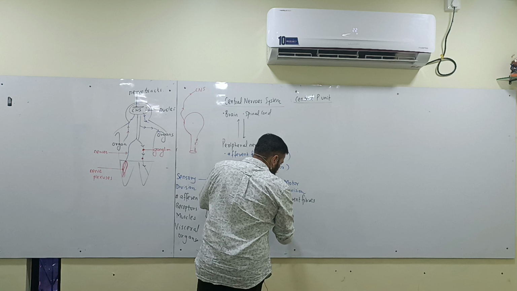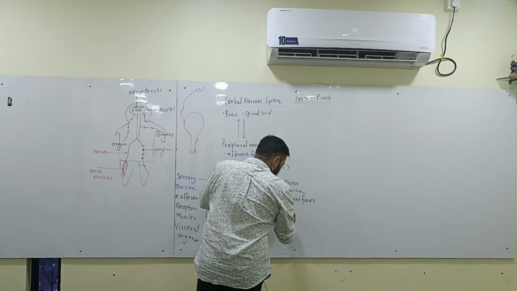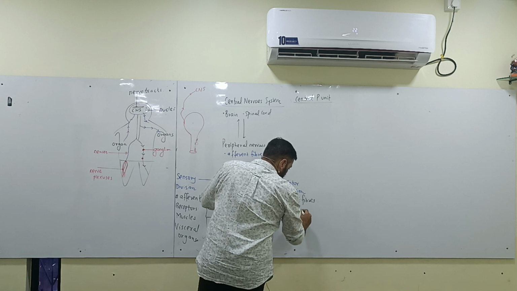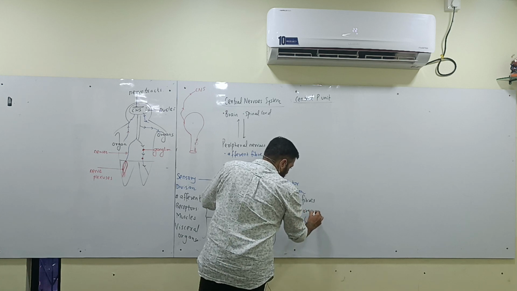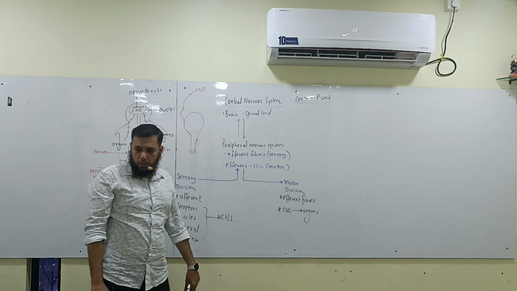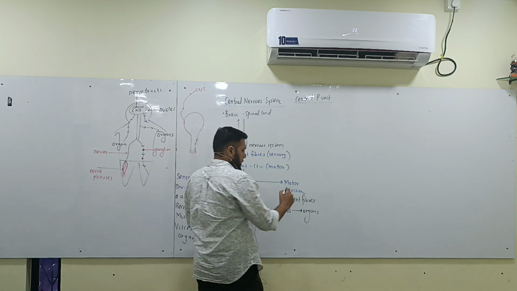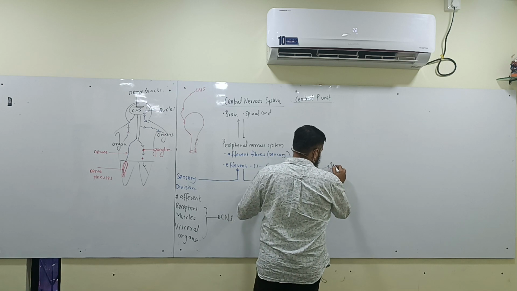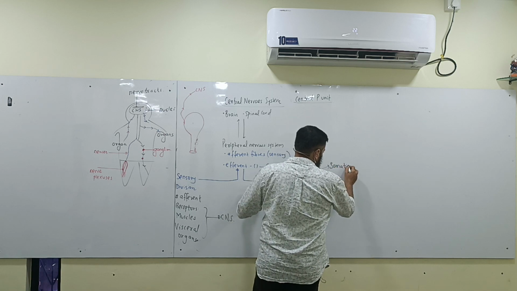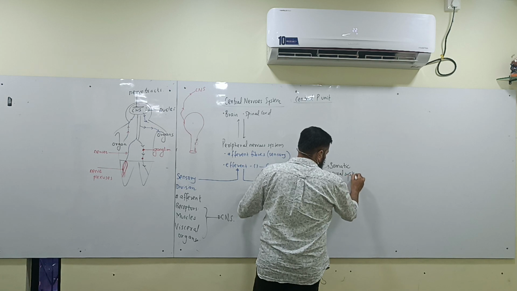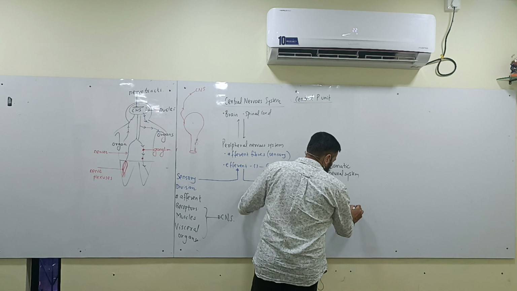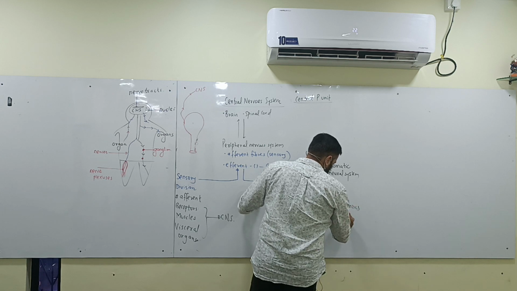And they carry the information from the CNS towards the organs. Okay? Now it consists of two parts. One will be the somatic neural system, and the second is called the autonomous nervous system.